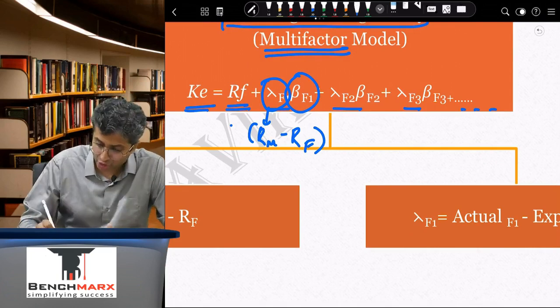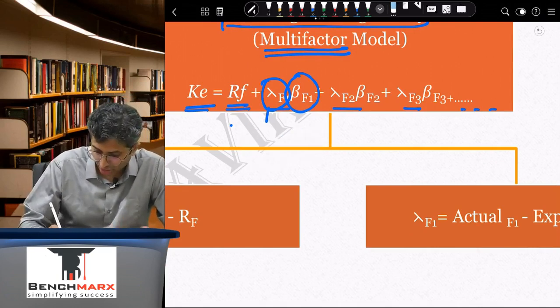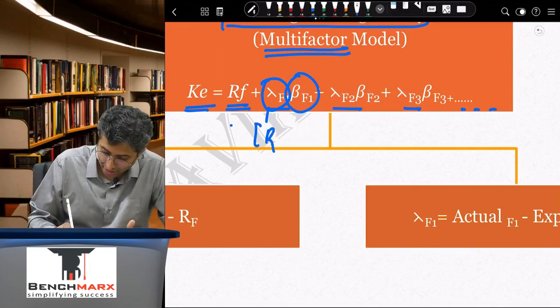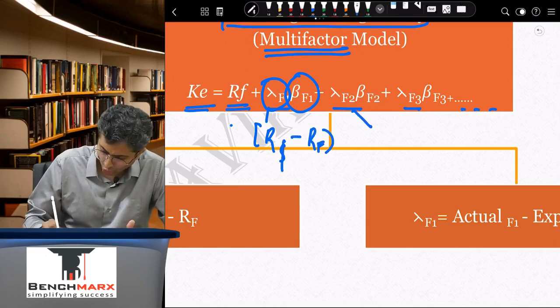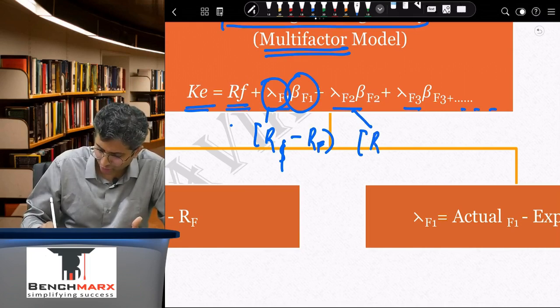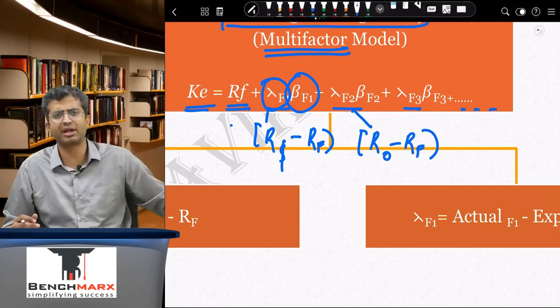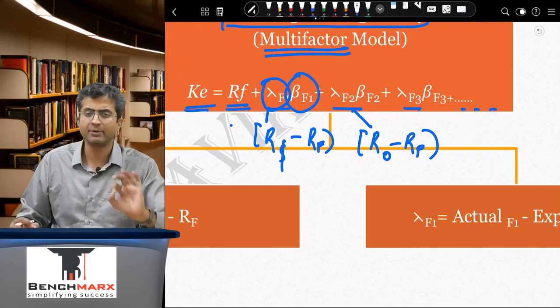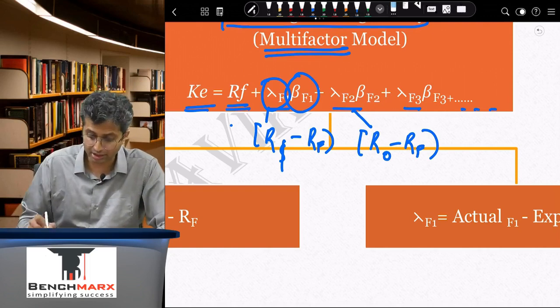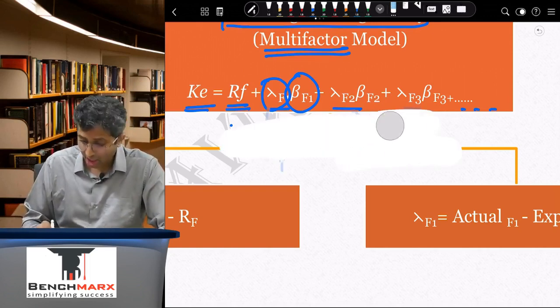Lambda is the same thing. So instead of taking RM, you are taking probably the return of dollar minus the risk-free rate. Over here, if oil is an important factor, you are taking return that oil gave minus the risk-free rate, etc. So we are not just taking the market. Market may be one of the factors, but it is not the only factor in the arbitrage pricing theory.